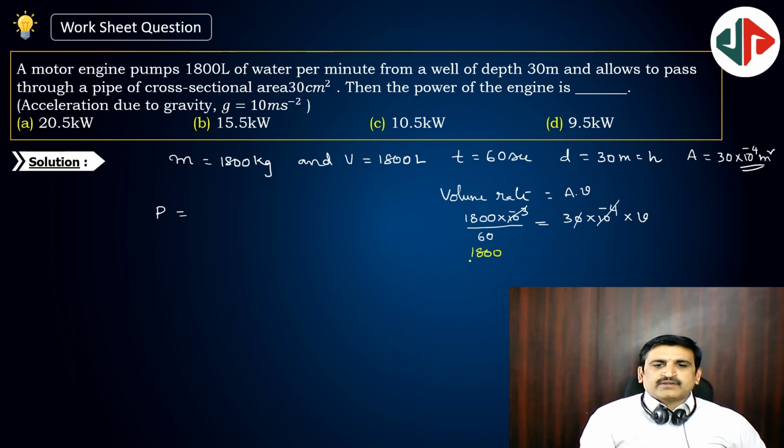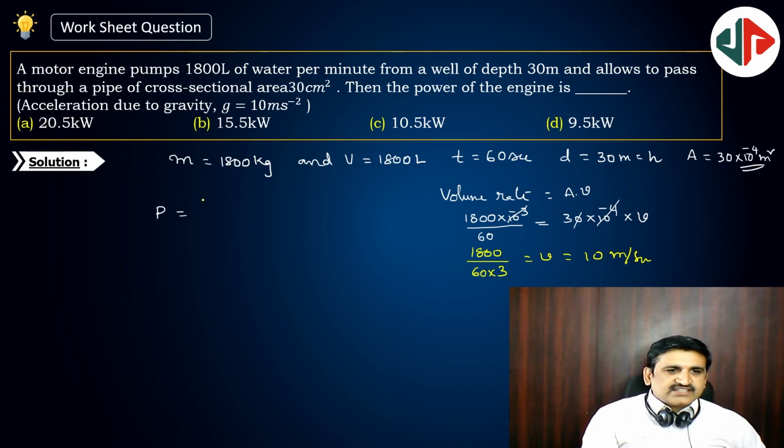1800 by 60 into 3 is velocity, that is equal to 180. So V equal to 10 meter per second. In SI units only we took everything. Now power is equal to mgh plus half mv square, total work done by time.